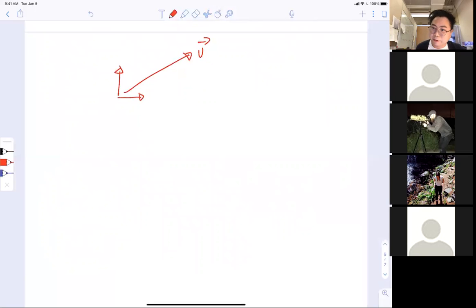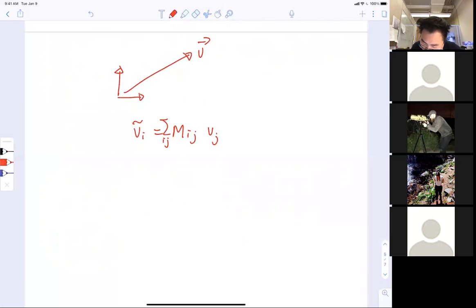Just stop me if you get confused. We can write a vector in different bases, and in different bases, the components are always related by some rotational matrix. Like this.